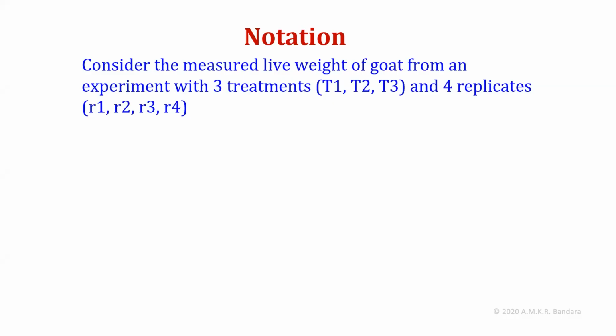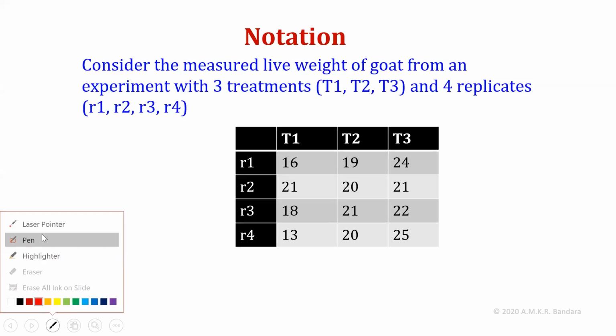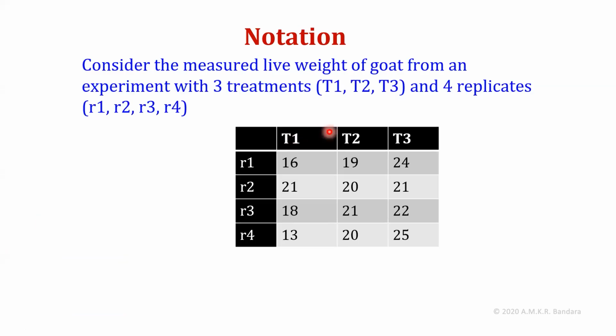Those are denoted as R1, replicate 1, R2, replicate 2, R3, replicate 3, and R4, replicate 4. Here are the results of this experiment. These are my treatments T1, T2, T3. Then these are my replicates: first replicate, second replicate, third replicate, and fourth replicate.